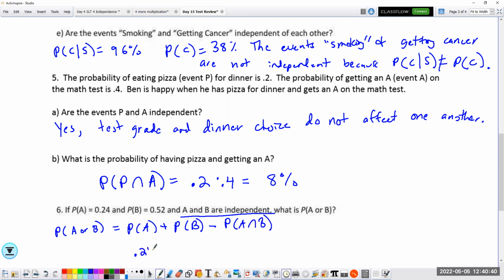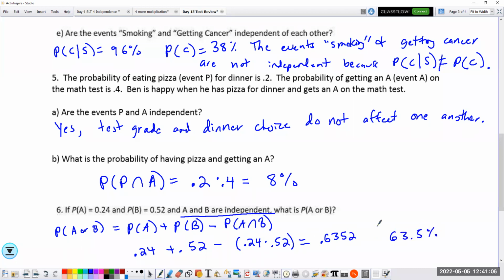So I'm going to have 0.24 plus 0.52 minus the product. Toss that into a calculator, and you're going to get 0.6352.